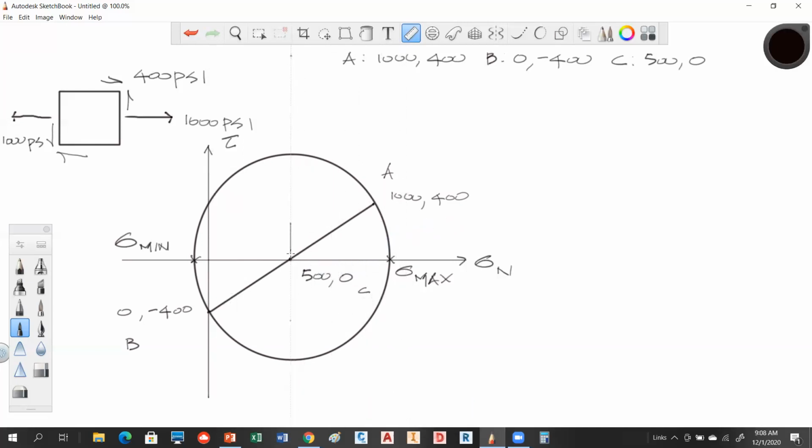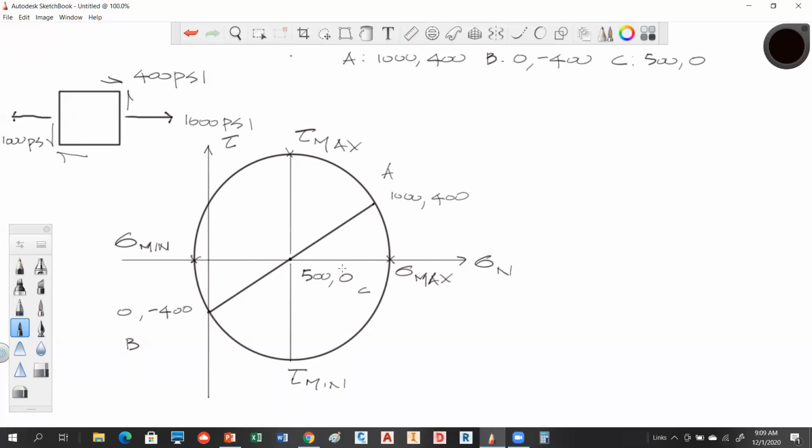So you're going to have this line up and this line down. So this point right here is tau max, and this point is tau min. Okay? So we have everything we need to solve it now.